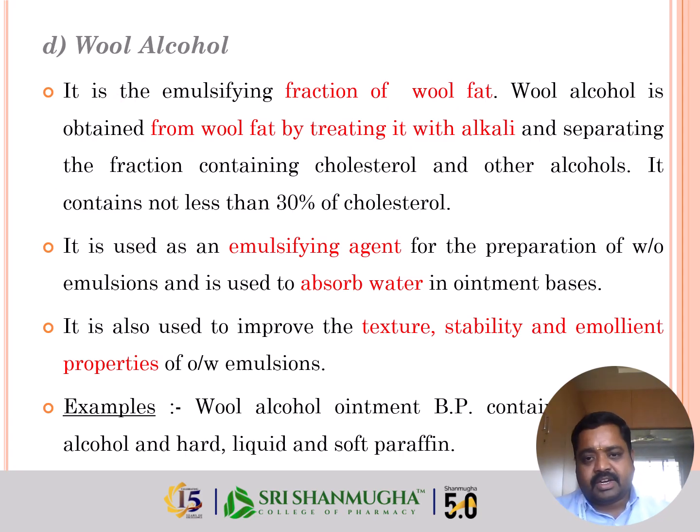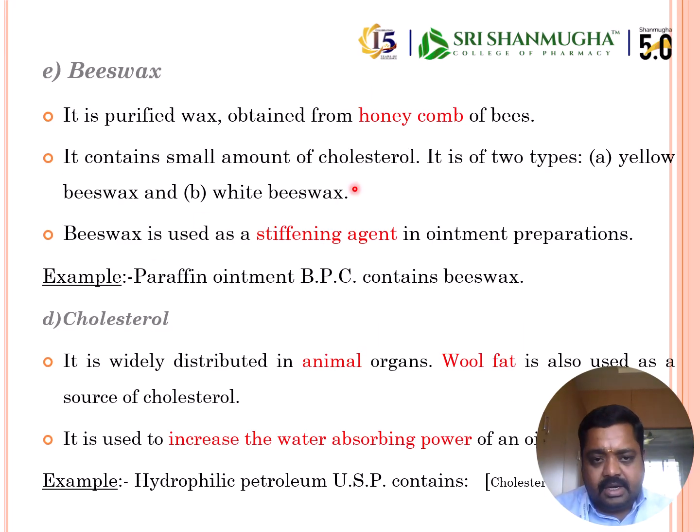It is a fraction obtained from wool fat by treating it with alkali, and it is used for its emulsifying agent property and absorbs water in a small range. It gives good stability and a nice texture, and its emollient property makes it preferable in wool alcohol ointment and further ointment preparations.